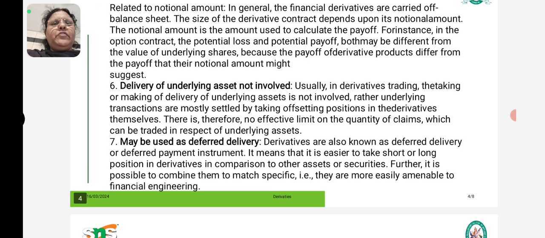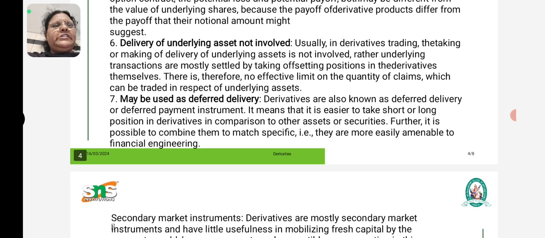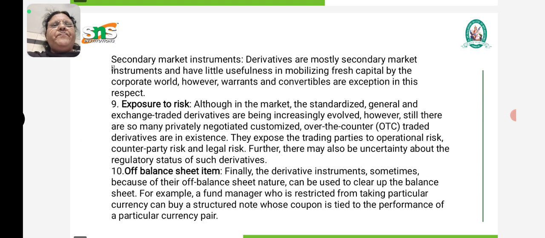The derivatives are also known as deferred delivery or deferred payment instrument. It means it is easier to take short or long position in derivatives in comparison to other securities or assets. Secondary market instruments: derivatives are mostly secondary market instruments and have little usefulness in mobilizing fresh capital by the corporate world.